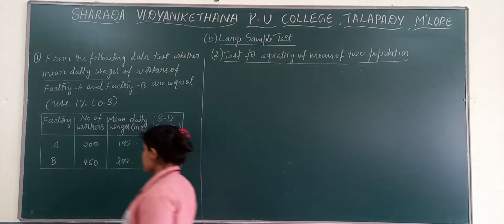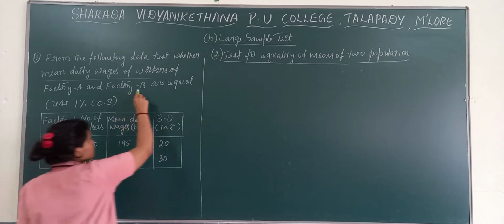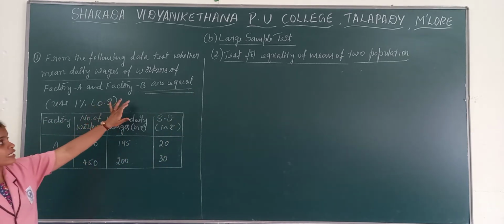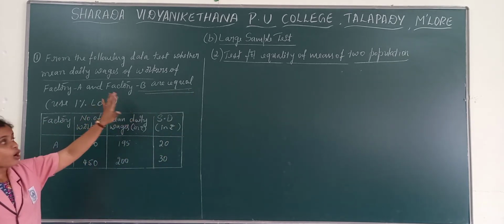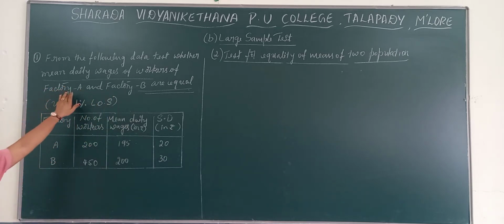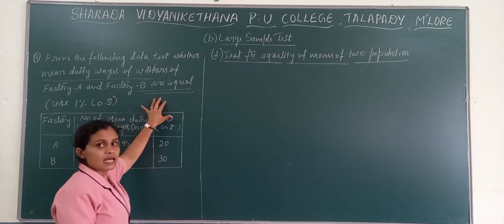Firstly we need to see the problem here. They have mentioned the word equal. So we are not finding anything like less than or more than. If the mean daily wages of workers of factory A is lesser than factory B, then we take it as left tail.